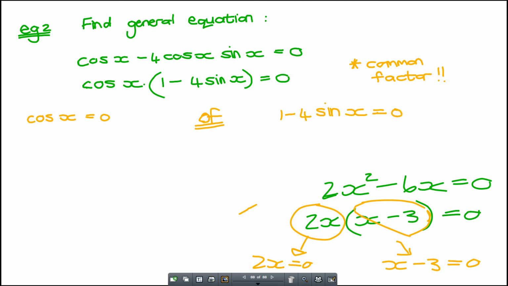So now you will see that we have two separate things. And for each one of those, I would have to work out the general equation. Do you understand? So you now actually have to do double the work.